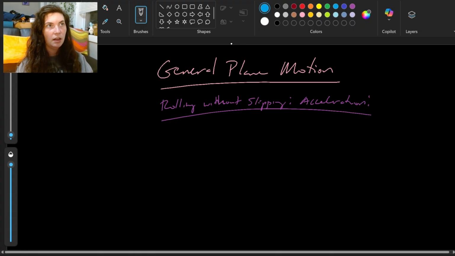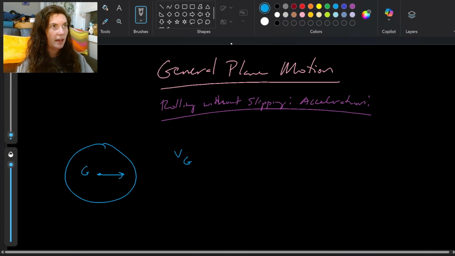So for this rolling without slipping, when we have some disk that's moving this way, and there's the center of the disk, and it's rolling without slipping, we said that for velocity, the center of this disk, we'll call that G, Vg was going to be the angular velocity times the radius of this disk.